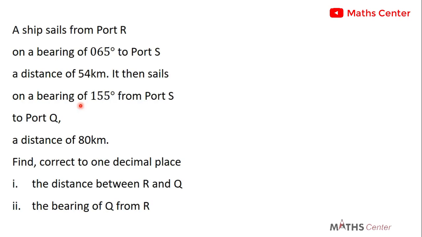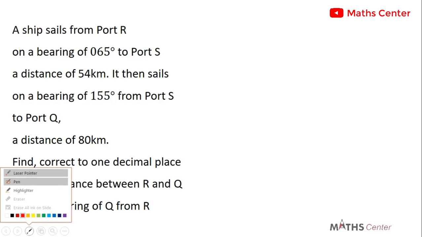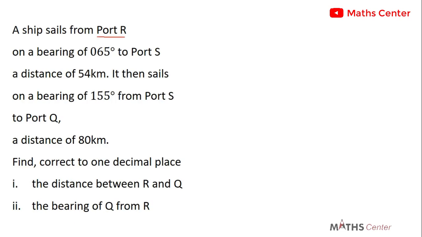So the ship started sailing from point R. So it means that our starting point is going to be Port R or point R. Now it started from Port R and it sailed on a bearing of 65 degrees to Port S. So our starting point is Port R on a bearing of 65 degrees, and the ending point is Port S, and the distance between Port R and Port S is 54 kilometers.